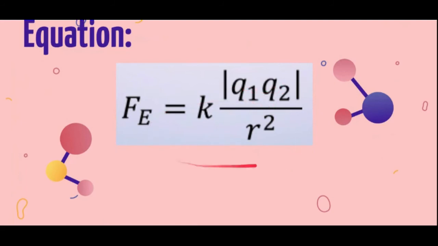Now, to make this an equation, we need to introduce a constant, which we call Coulomb's constant. It is written as a small letter k.